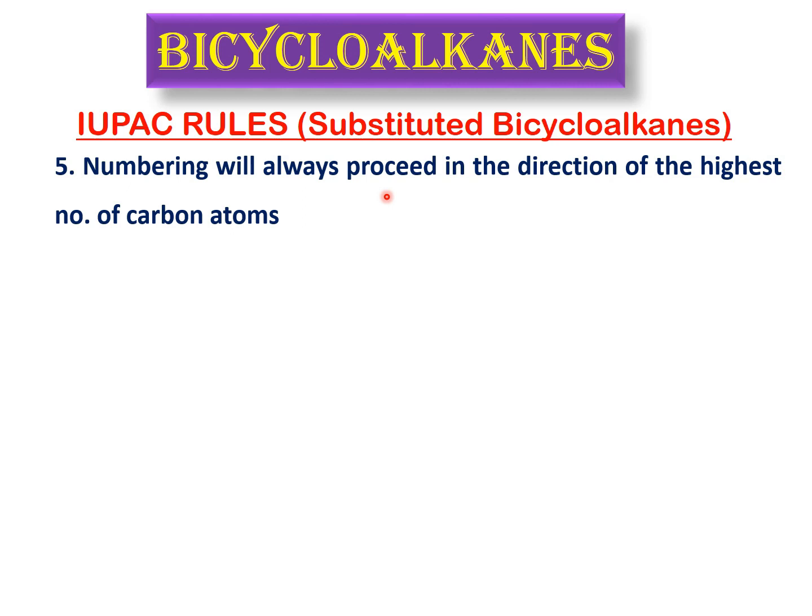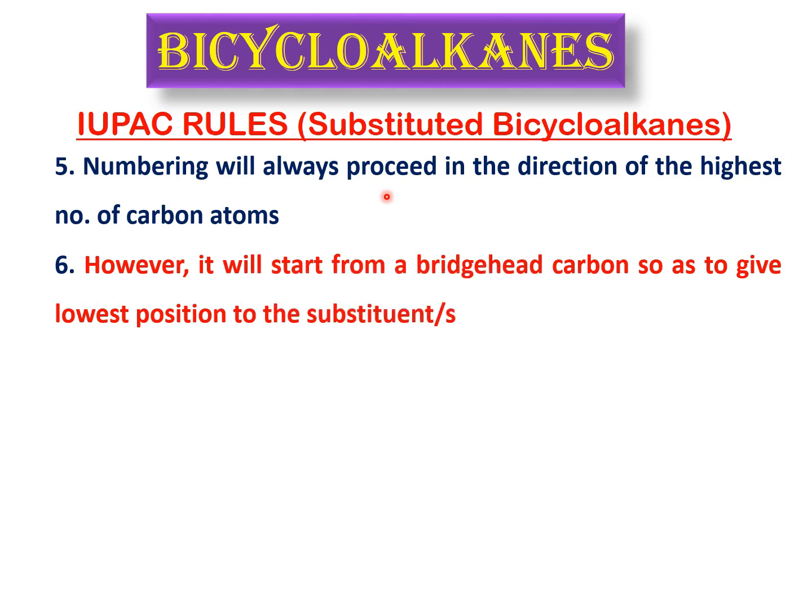You don't have to bother about the position of the substituent here, but what you need to see is which side has the highest number of carbon atoms. So you start from a bridgehead carbon and then you proceed in the direction that has the highest number of carbon atoms. But because you have two bridgehead carbons, which of these two will be your carbon number 1?